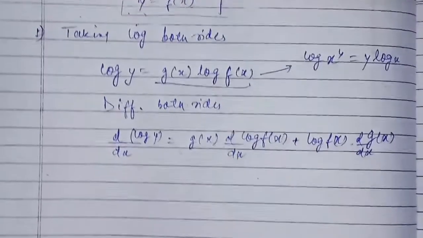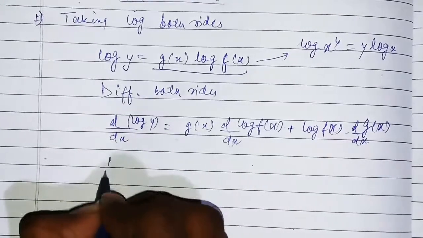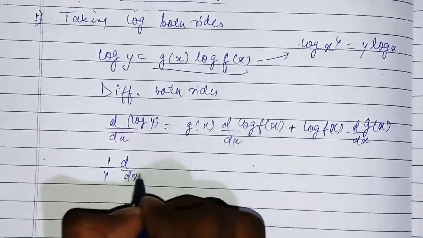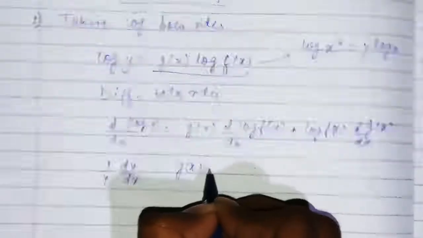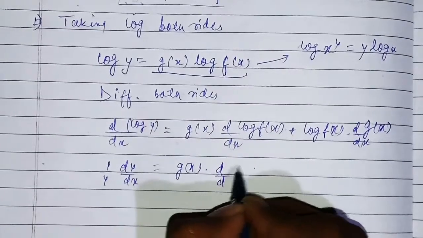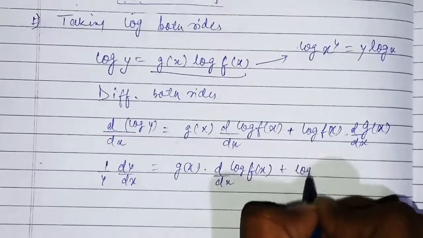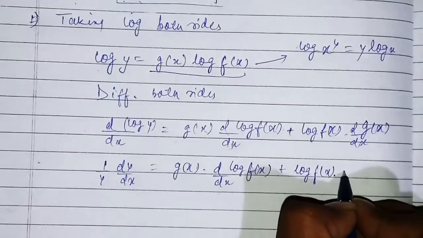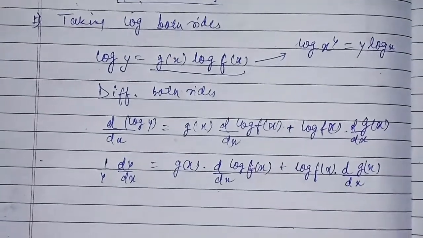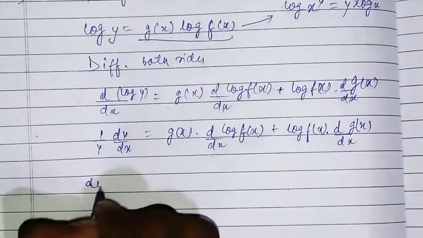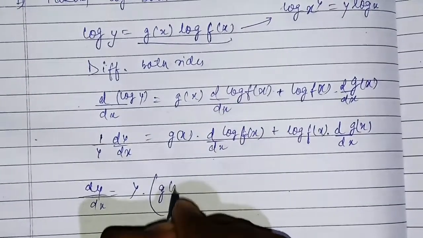Now again, differentiating log y, we get 1 by y into d by dx of y is equal to g of x dot d by dx of log f of x plus log f of x dot d by dx of g of x.